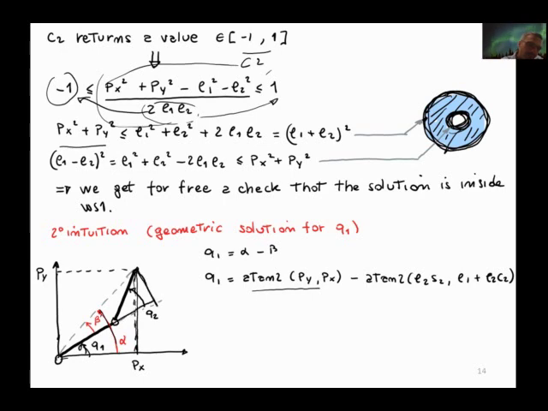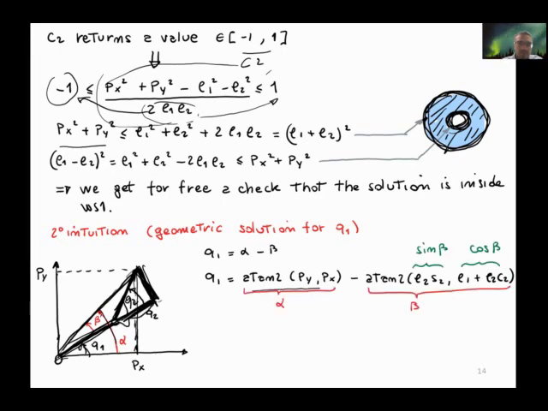we consider this triangle for the beta, and we see that the sine component is L2 sine of theta 2, of Q2, which is this one, while the cosine part is L1 plus L2 cosine of theta 2, which is this one.